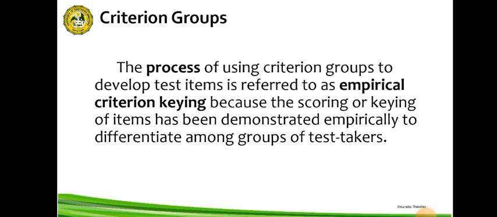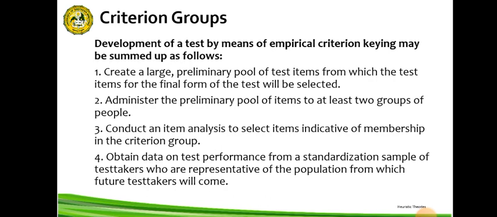Empirical criterion keying is a method for developing personality inventories in which the items, which are presumed to measure one or more traits, are created and then administered to a criterion group of people known to possess a certain characteristic like antisocial behavior, significant anxiety, exaggerated concern about physical health, or malingering, and also to a control group of people without those characteristics. So how is this grouping developed?